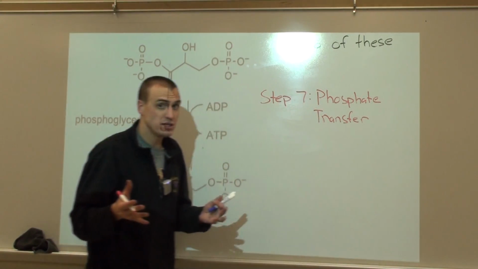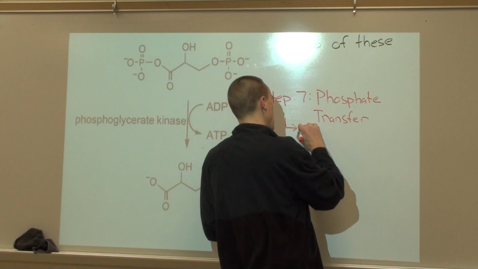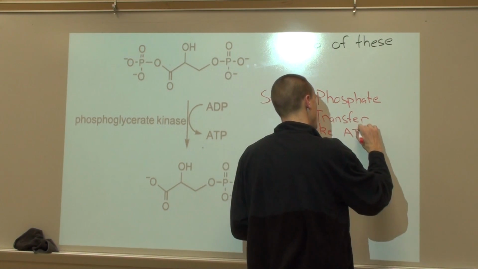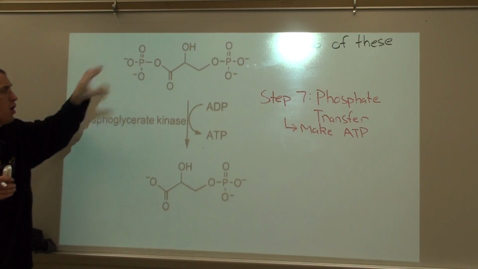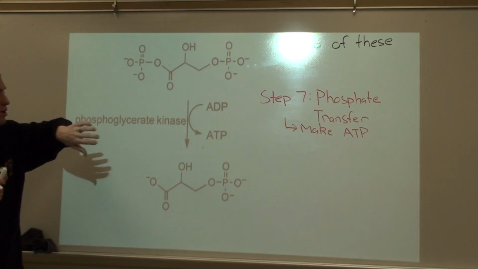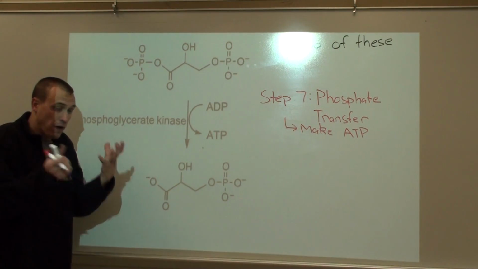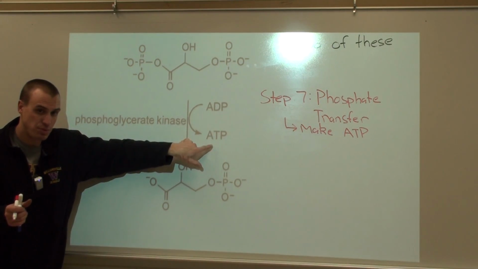And what that means for us is that we are going to make ATP. And so what happens here is that our molecule has ADP come by and pick up a phosphate group, and this produces ATP.